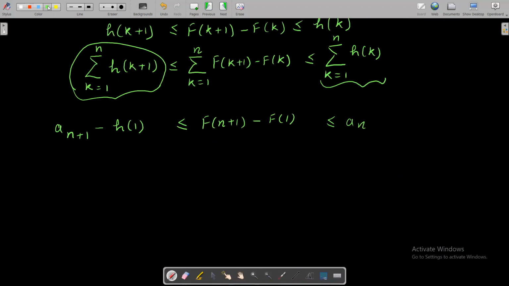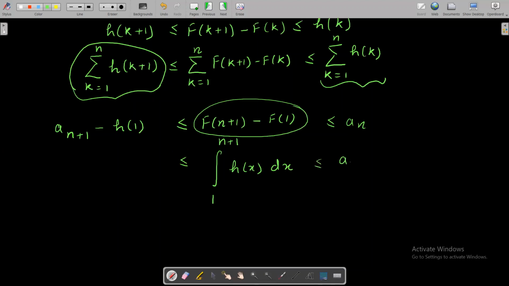Why? Because first of all, f of n plus 1 minus f of 1 indicates nothing but the integral from 1 to n plus 1 of h of x dx, because the antiderivative of h is f. So obviously after integrating and putting these limits, we will be able to create this thing. It is less than or equal to an, greater than or equal to an plus 1 minus h of 1.